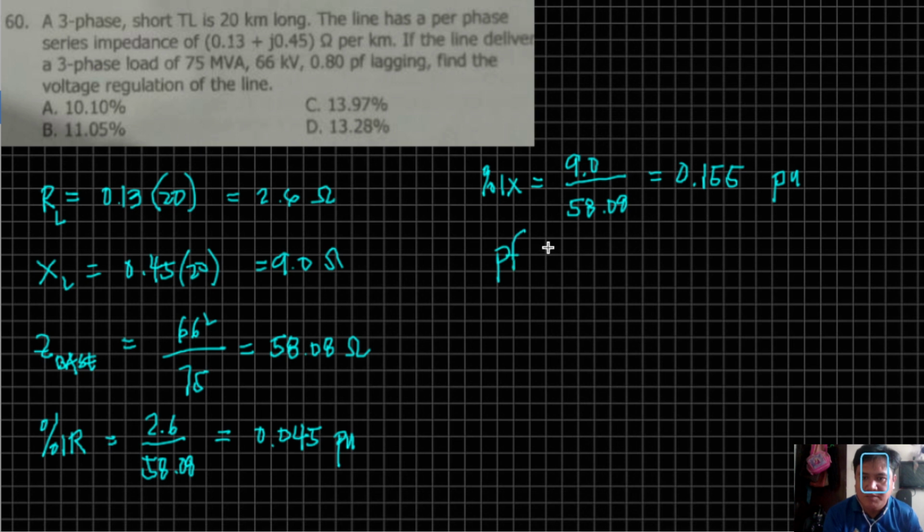So next is power factor, which is 0.8. So therefore, the reactive factor then is equals to 0.6, or the sine of the arc cosine of the power factor.